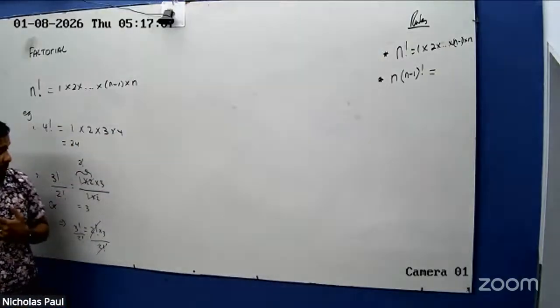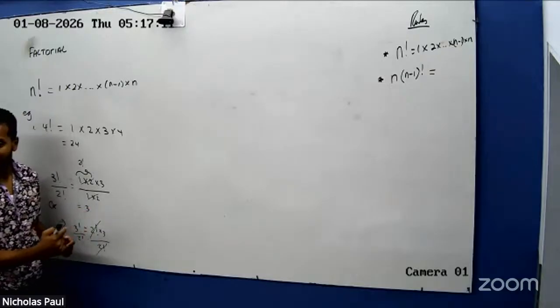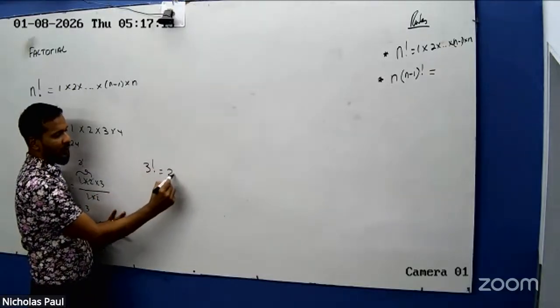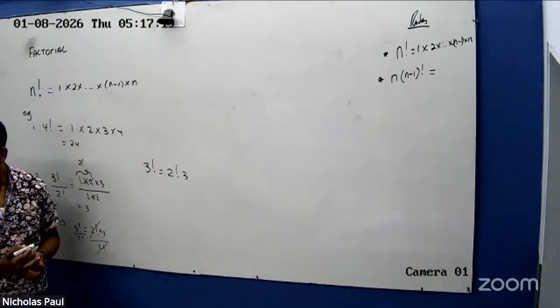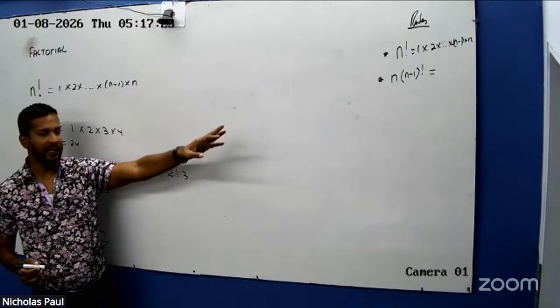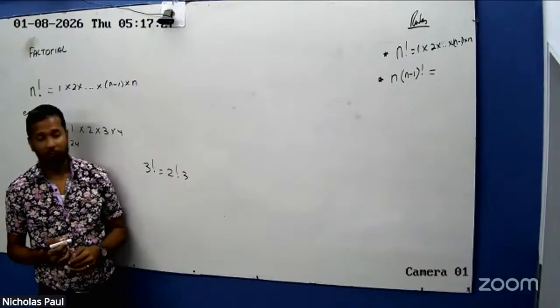Any ideas? Remember what we said: 3 factorial is equal to 2 factorial multiplied by 3. Everybody okay with that? So what do you think is n multiplied by n minus 1 factorial?